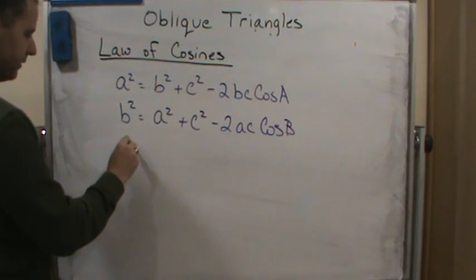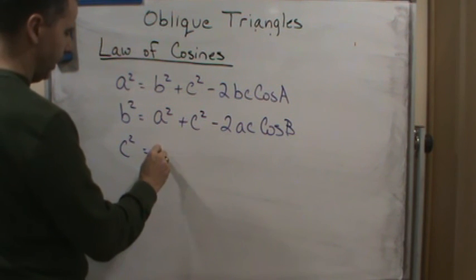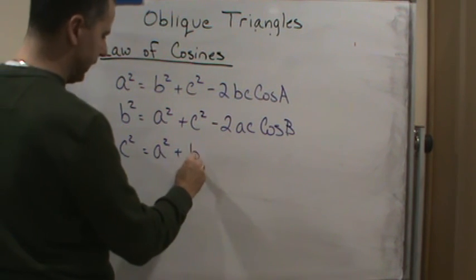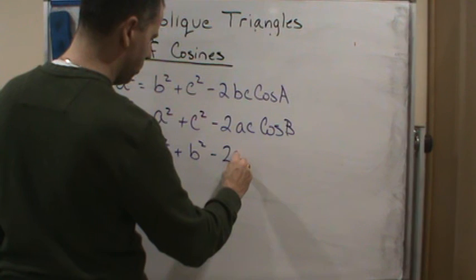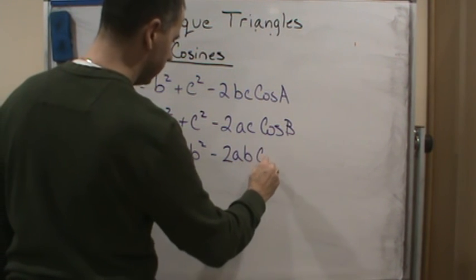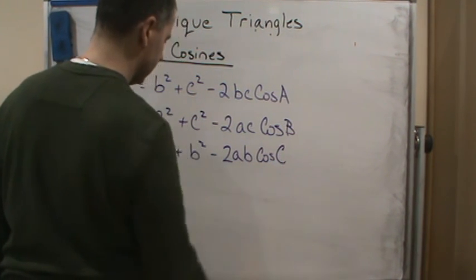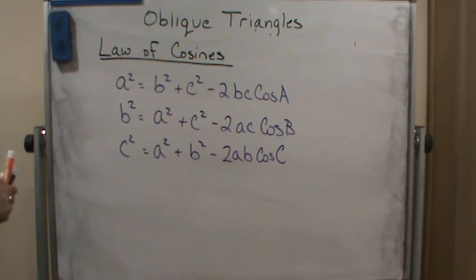And then finally, c squared would equal a squared plus b squared minus 2ab cosine c. And that is the law of cosines.